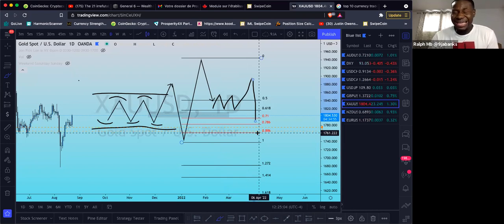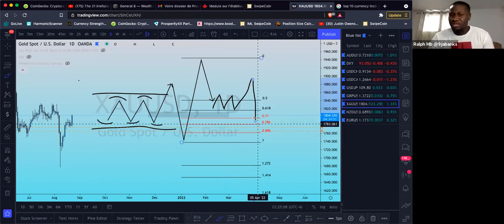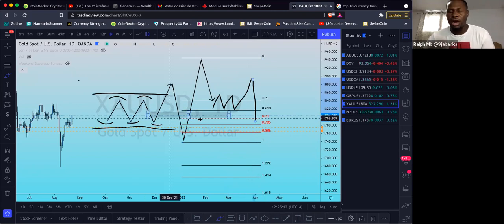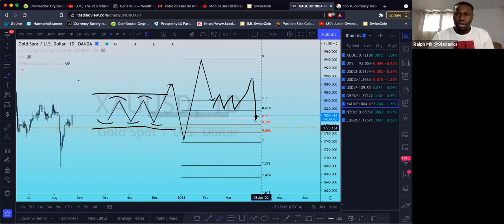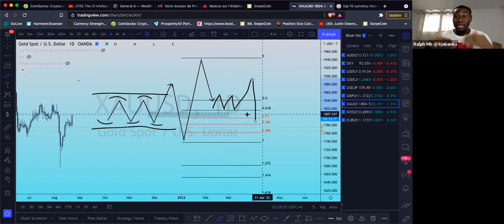The 88.6, that's the real max pain. 71% is light. That's considered like your B point on the Fibonacci, on your harmonic scanner.